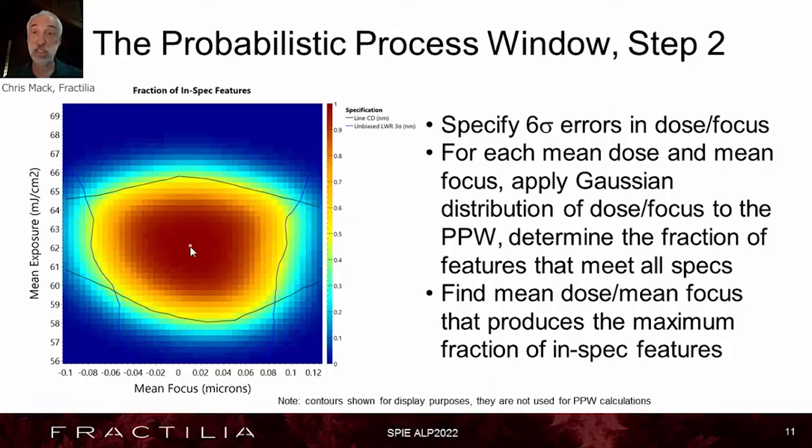But these Six Sigma errors can be varied as well, so we can do this repeatedly. If we set the range of Six Sigma errors in focus to be a certain value, our depth of focus, and then we vary the range of dose errors, with mean dose and mean focus, we can determine what exposure latitude would produce exactly 99.73% of features being in spec at best dose and best focus.